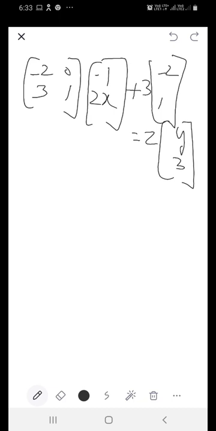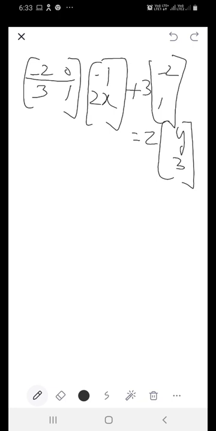Now first we are going to do the multiplication. You see that the number of columns of the first matrix is 2, and there are 2 rows in the second matrix. So multiplication is possible.